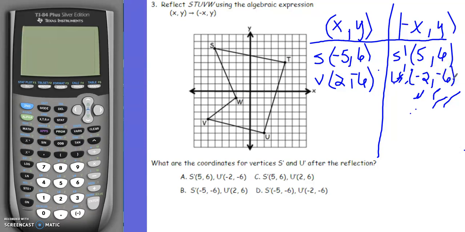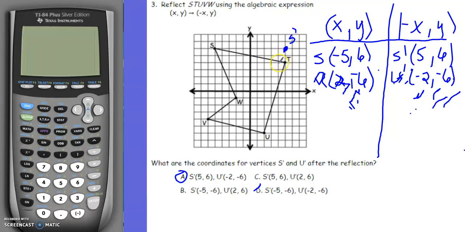Okay, so we're going to go ahead and reflect these: 5, 6, and negative 2, negative 6. Okay, so this is 1, 2, 3, 4, 5. 1, 2, 3, 4, 5. Sorry, my pen wasn't working. Okay, so that's S prime.